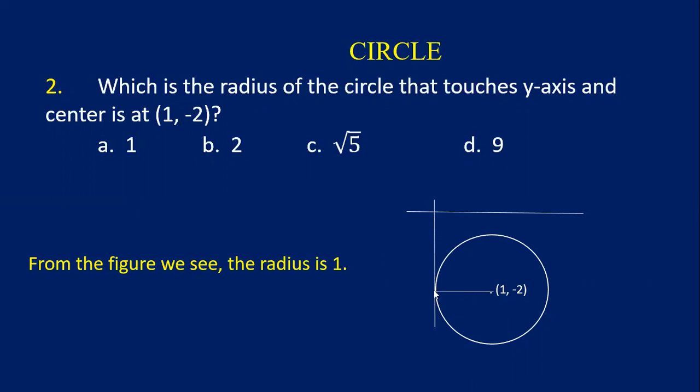So this one is the radius, distance from y-axis. So this is x coordinate. So this is our radius. So when a circle touches y-axis, the radius of the circle will be the x coordinate of the center.